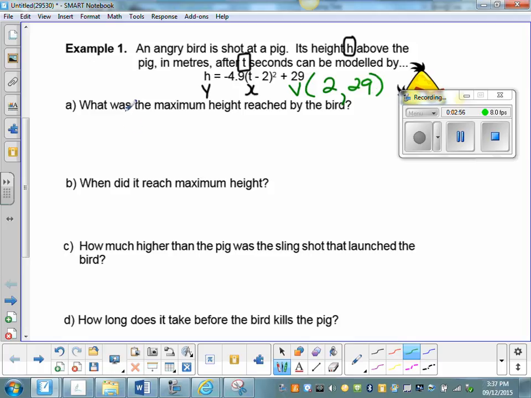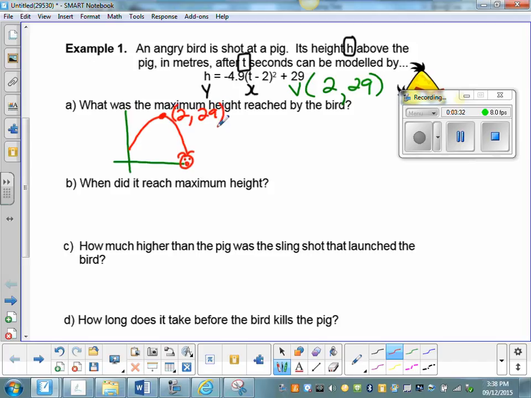If we drew a picture of this graph, the angry bird is starting a little bit above the ground. We've got the pig over here. And the angry bird's on the slingshot, which is in the air. It's going up in the air, and it's coming down towards the pig. So that (2, 29) is the point at the vertex for that parabola.